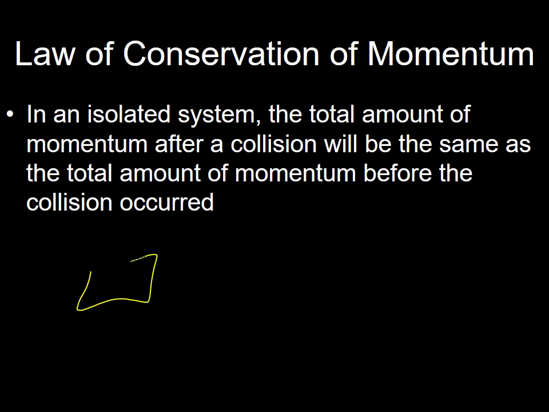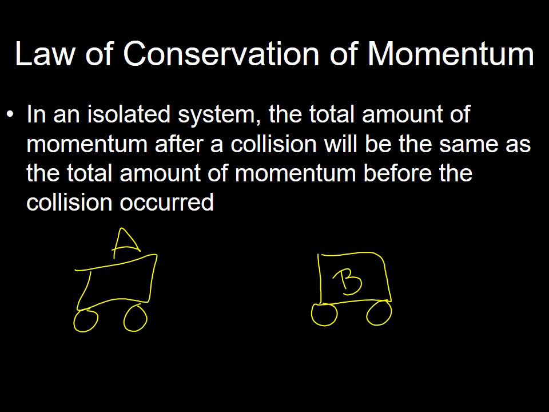So if I have a shopping cart here, we're going to call this guy A, and a shopping cart here, I'm going to call this one B. Okay? B is standing still, so B has 0 kilogram meter per second of momentum.